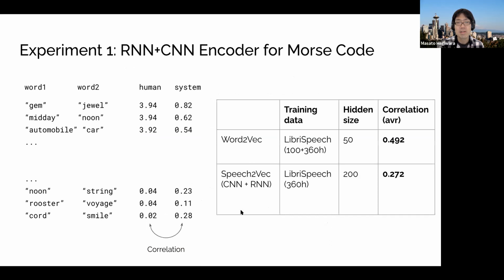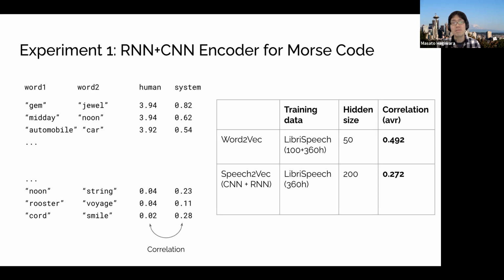But yeah, that's it. So we ran some experiments. The first one is we artificially generated a huge data set of Morse code, dash-dot kind of Morse code, from a database of sentences.